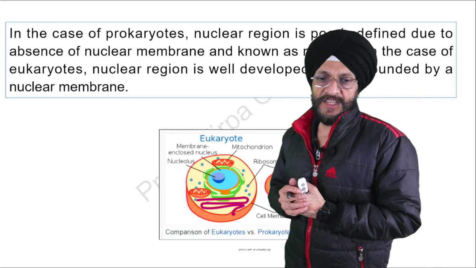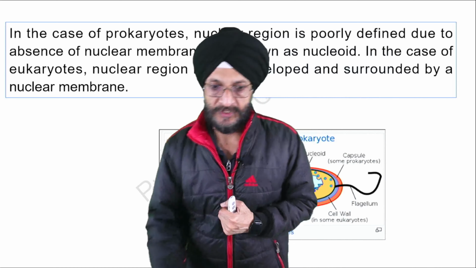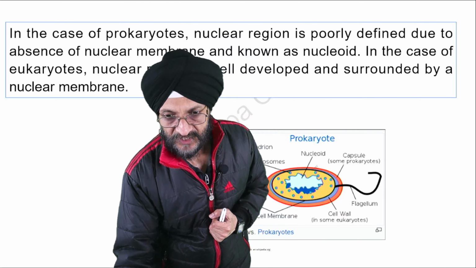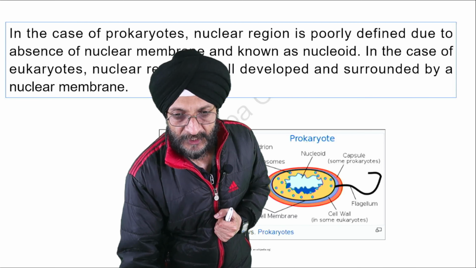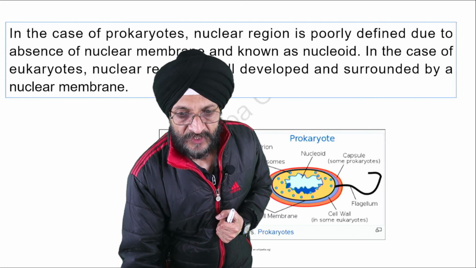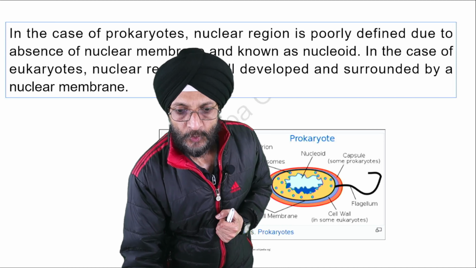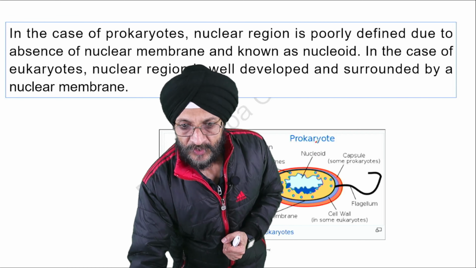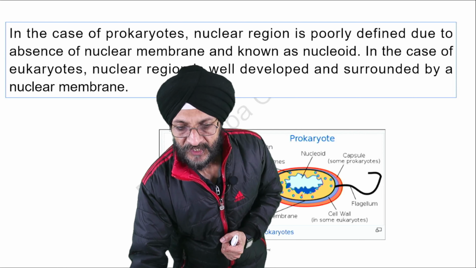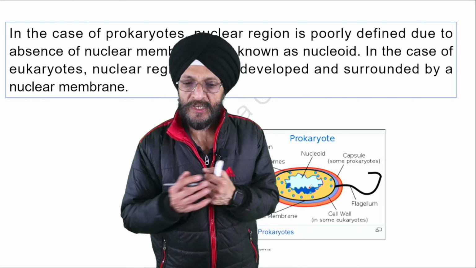Next, in case of prokaryotes, you can see here that this is the picture of a prokaryote. This is the picture of eukaryotes. In this picture, you can see that the nucleus area is well defined, whereas in the case of prokaryotes, the nuclear region is not well defined. It is poorly defined.